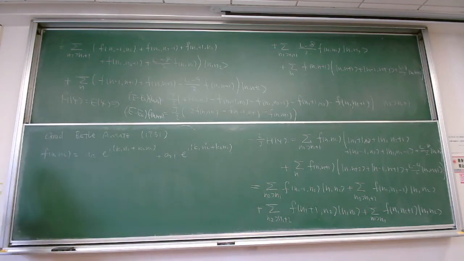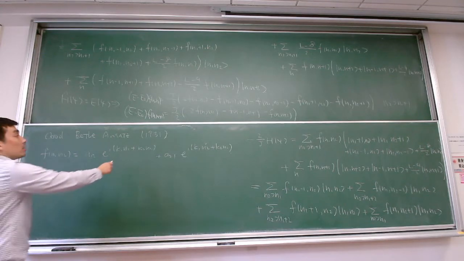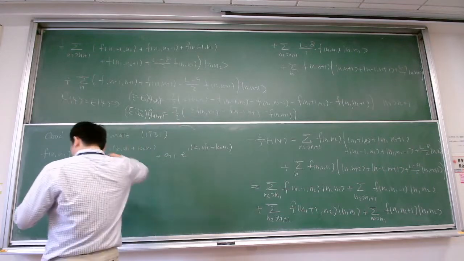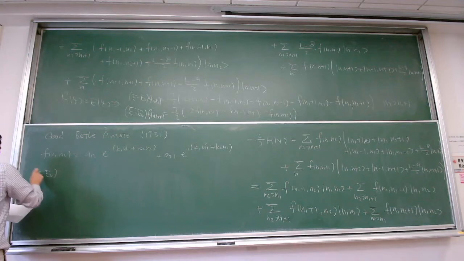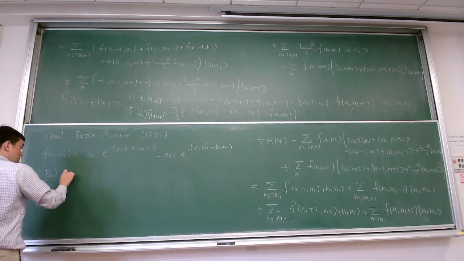So this is the ansatz. So you assume it and plug that one into here. Plug this one into here, and what you get is as follows. So E minus E0 and 1.